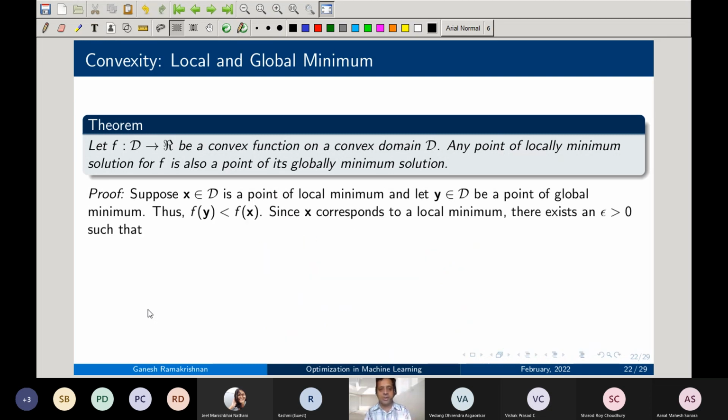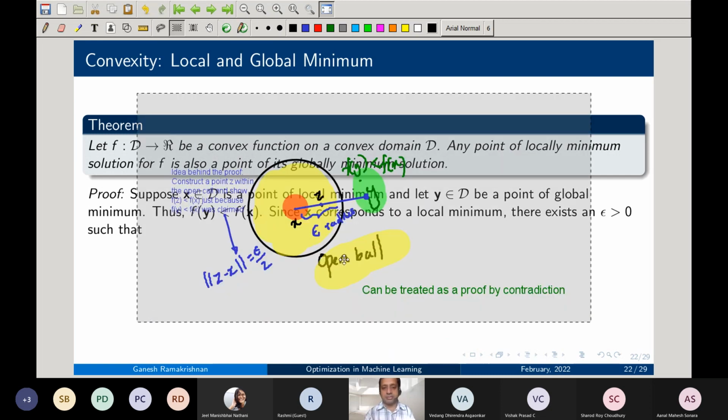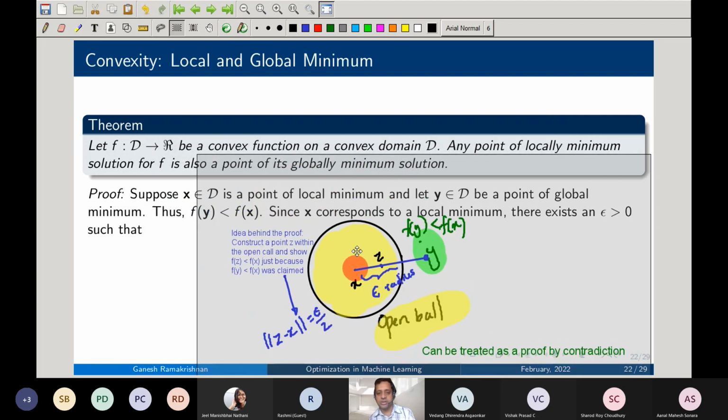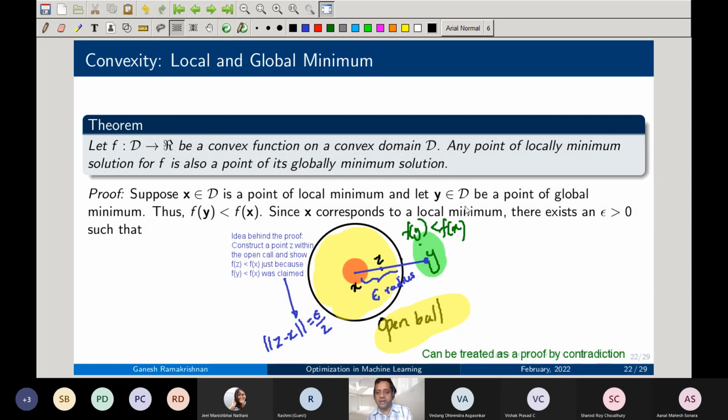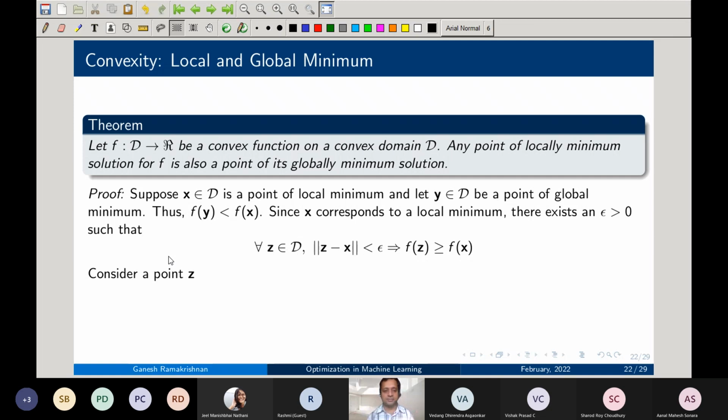and then use convexity. Okay, so I'm just reproducing this same image here. So there's an epsilon ball around x, the local minimum, such that for all z within that ball, norm of z minus x is less than or equal to epsilon, f of z must be greater than or equal to f of x, right? That was the contradiction.